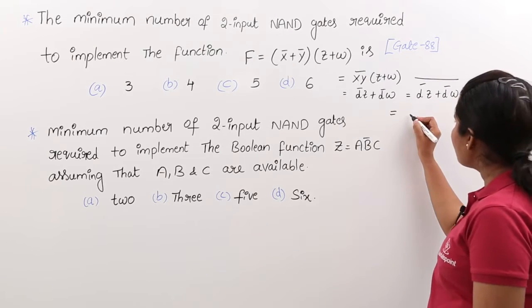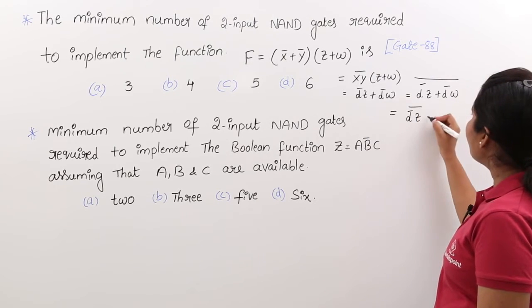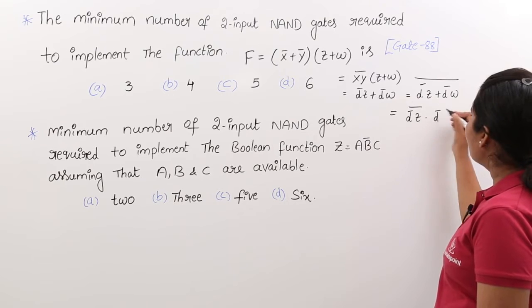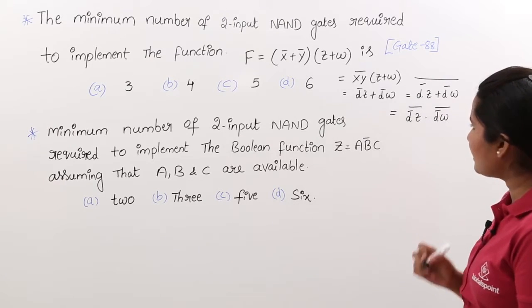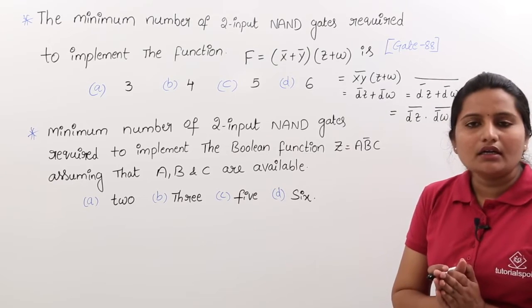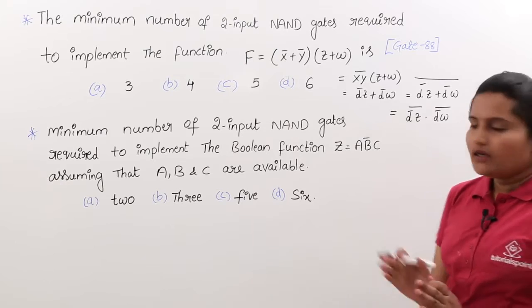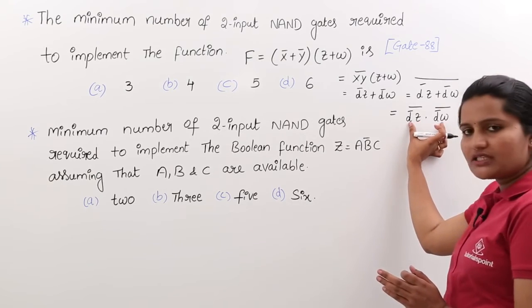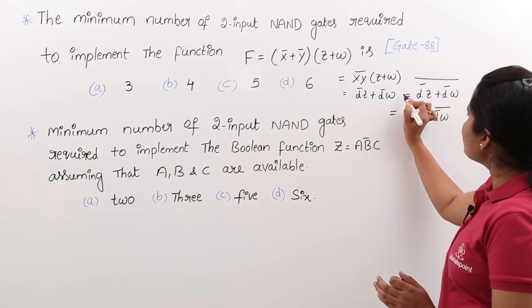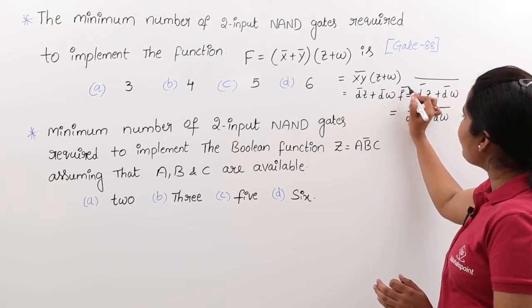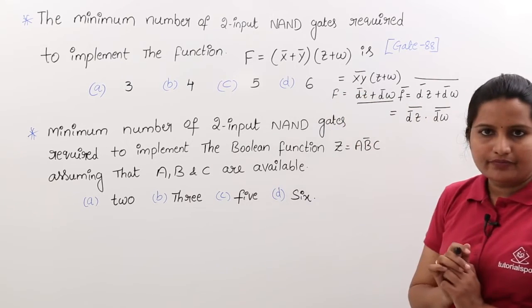In the same way, I get (d bar z) whole bar into (d bar w) whole bar. This is De Morgan's theorem, but you want f, not f bar. For getting into this form we took f bar, so this is equivalent to f.